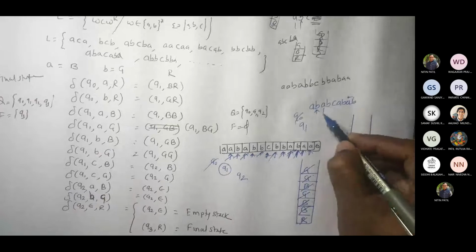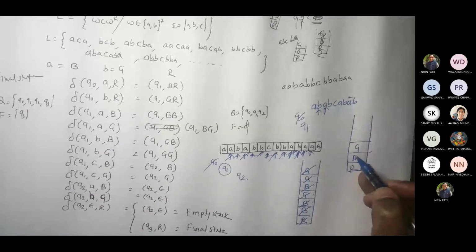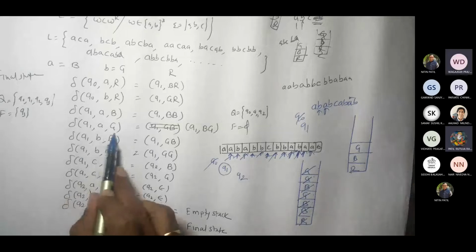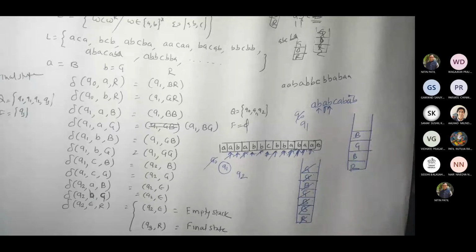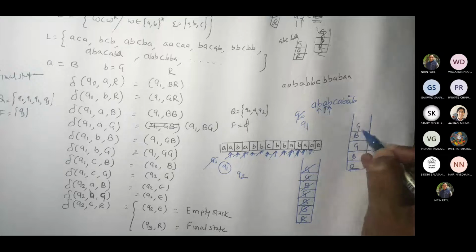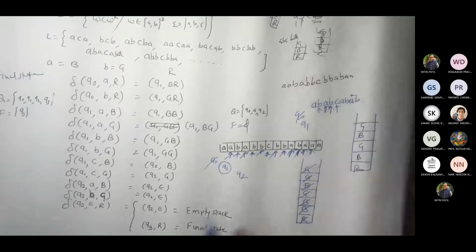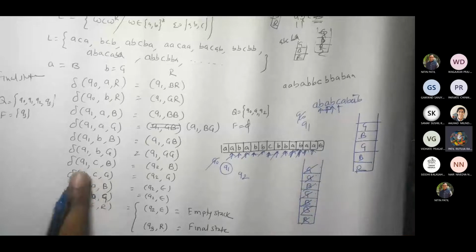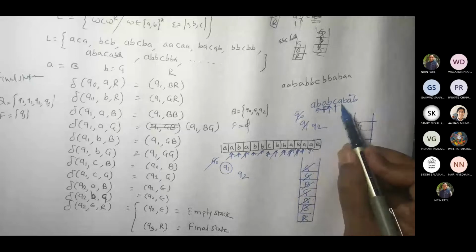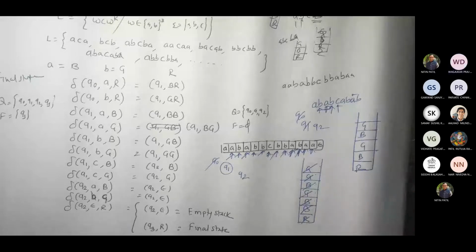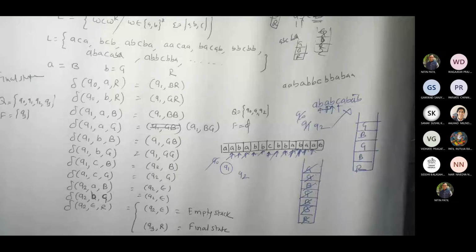G. Q1 A G. Push B. Blue, correct? Q1 BB. Push G. Q1 C G. Change state. Very good. Q2. Correct? Q2 A G. Do we have it here? No, sir. This doesn't work. Am I right?